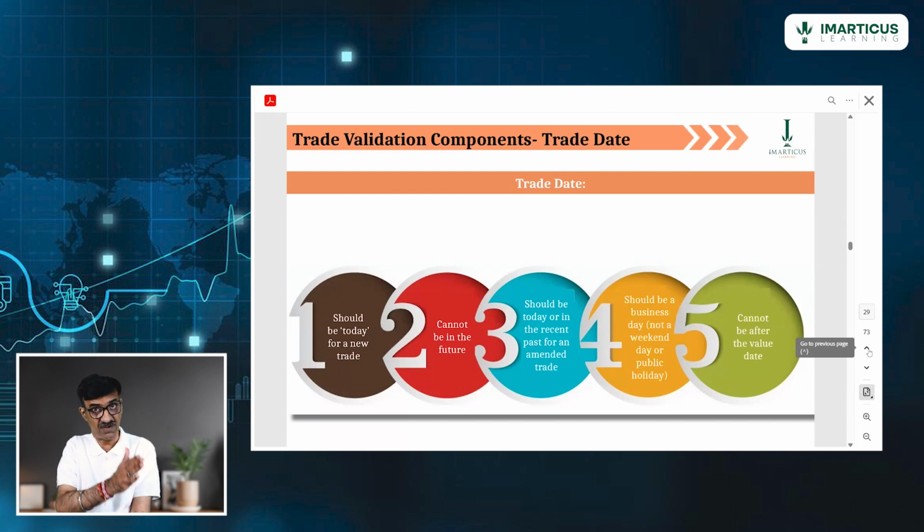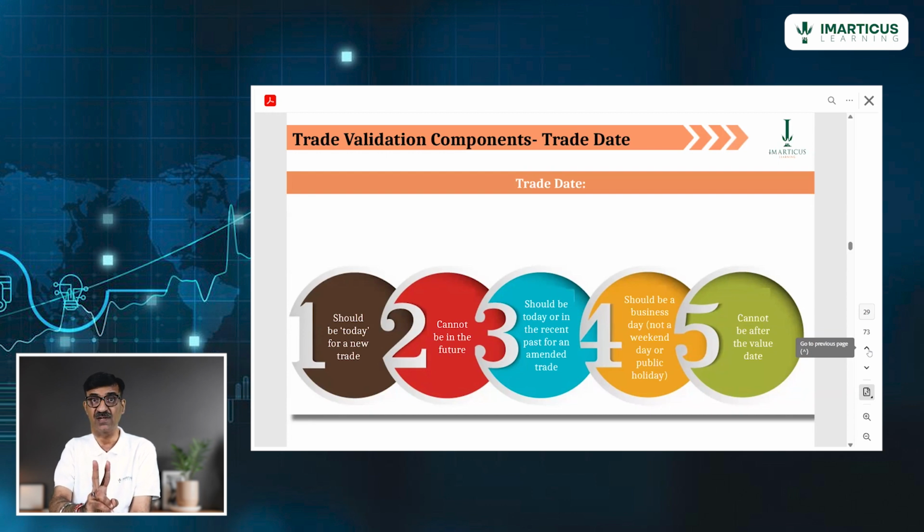It can be recent past or present. Yes, it can be recent past. Tuesday, you can validate the trade of Monday and you can check the trade of Tuesday. Recent past or present. It cannot be of Wednesday. How can I validate a trade on Tuesday for Wednesday? Not possible. Future trades cannot be validated. So remember this.